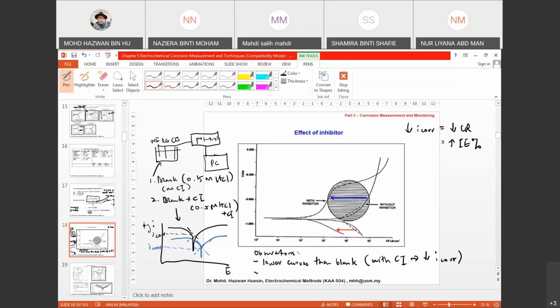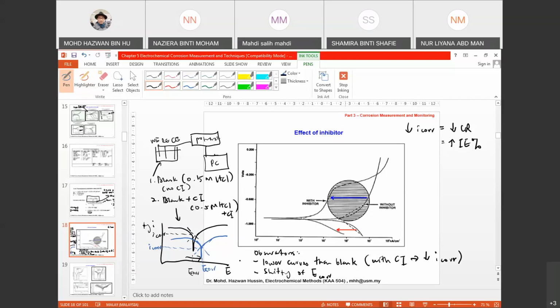Second thing is you will notice that there's a shifting of Ecorr. You see that the Ecorr is actually shifted more positive.